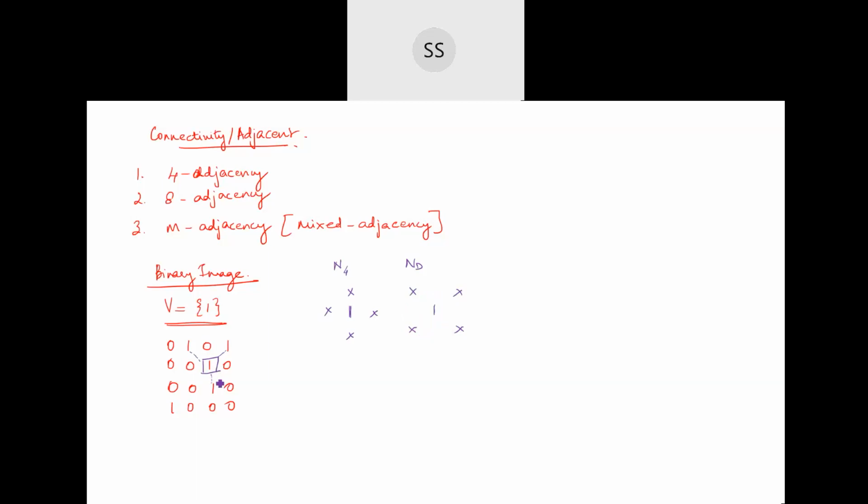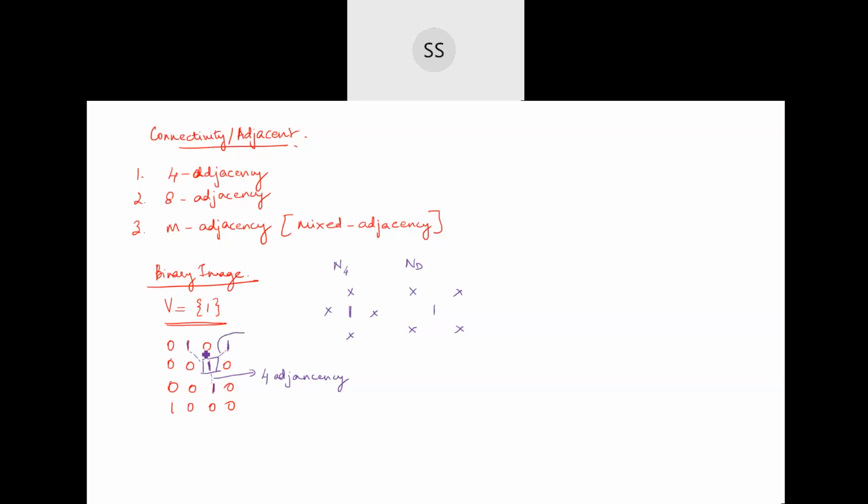So the connectivity between this one and this particular one is like your four adjacency. That connectivity can be called four adjacency, or four connectivity. And then what about the pixels at the top left and top right?